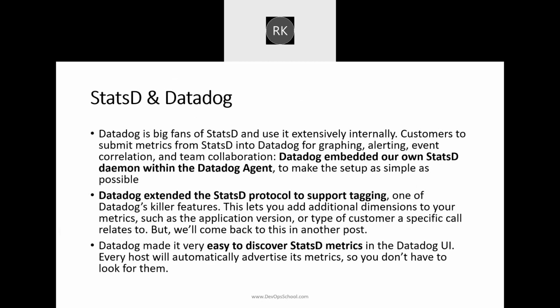Yeah, so basically you are saying that Datadog has developed their own StatsD, or they just extended, enhancing the existing StatsD. Okay, enhancing, extended. So Datadog made it very easy to discover StatsD metrics in the Datadog UI. Every host will automatically advertise its metrics, so you don't have to look for them.